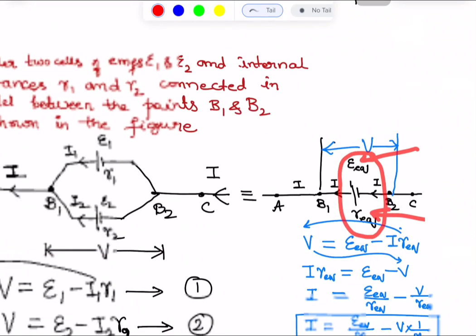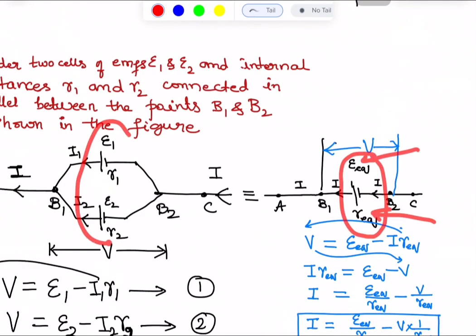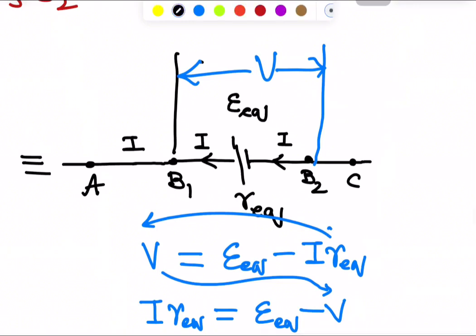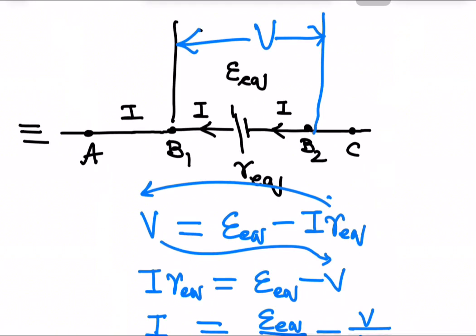So, for the two cells when they are connected in parallel, let us come back to this and write the same expression. Let V be the same potential difference across the points B1 and B2.